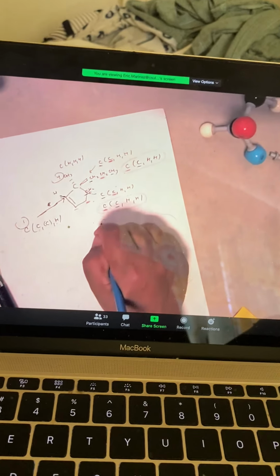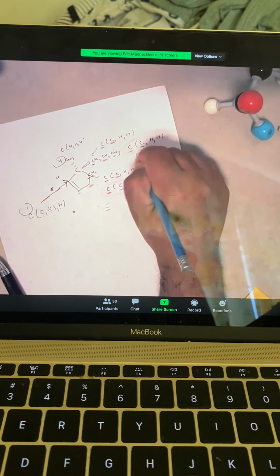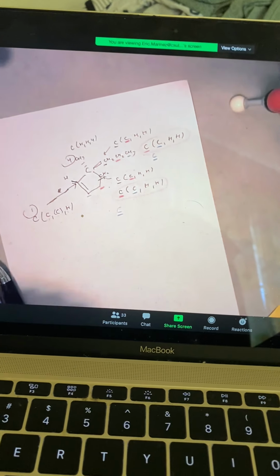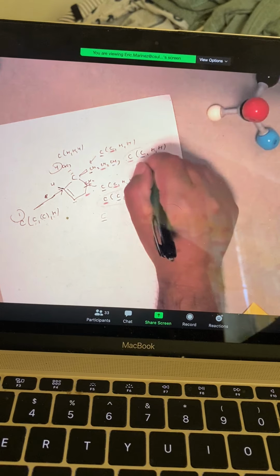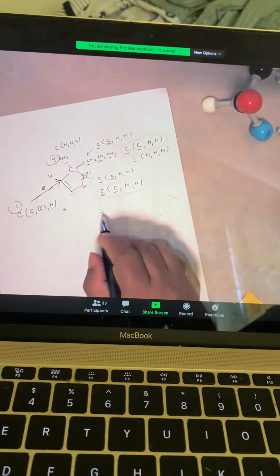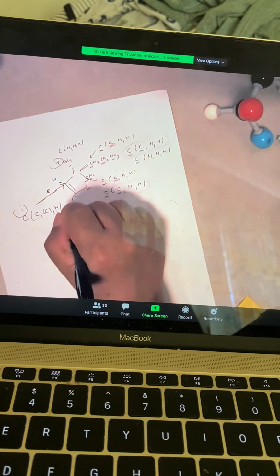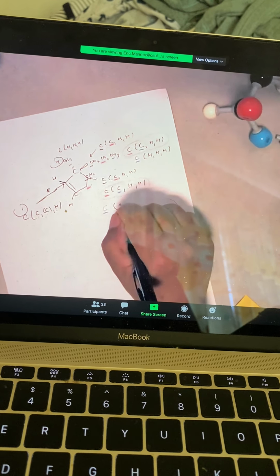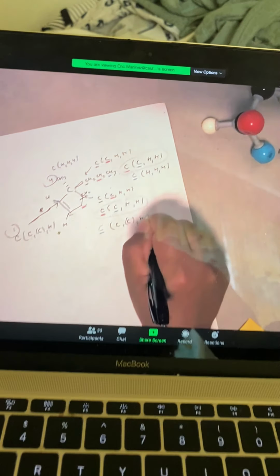Now I'm going to look at carbon with the blue. Carbon with the blue. So carbon with the blue up here has 3 hydrogens. Carbon with the blue over here has a hydrogen and a double bond. So now I have a carbon that's a dummy, and a hydrogen.